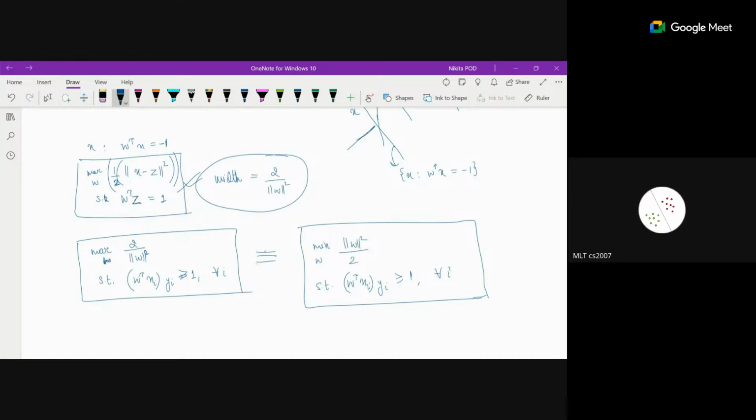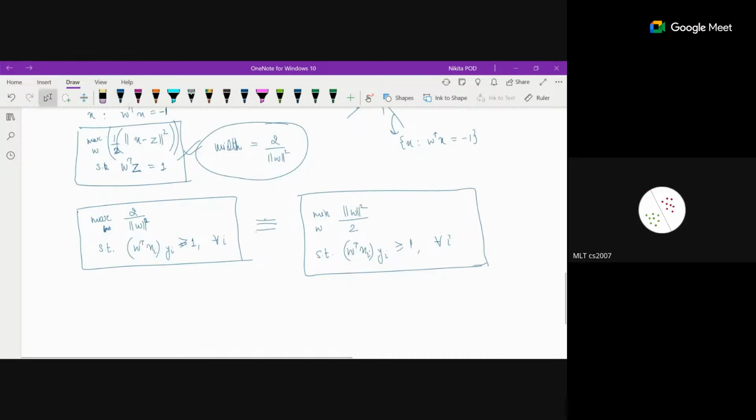So now we will try to solve this problem, that is min over W of norm of W squared by 2, such that W transpose xi yi is greater than or equal to 1. Again, what we wanted to do is, if we have a set of data points, find a W star which gives the larger margin.